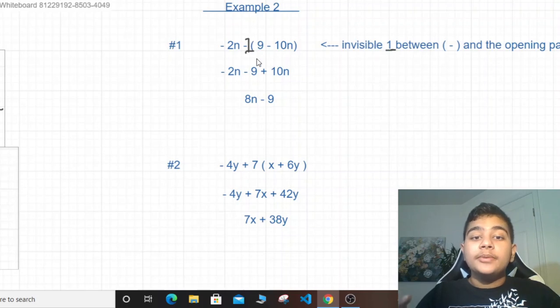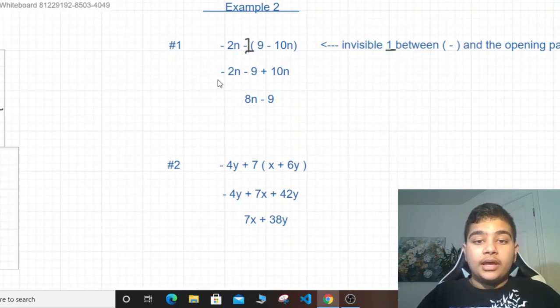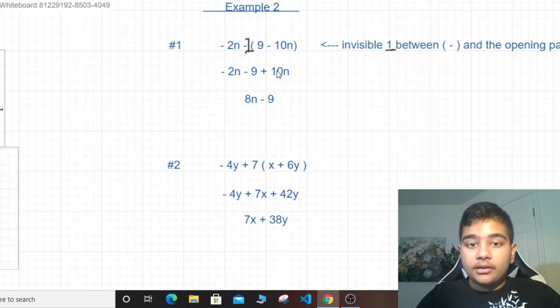So we multiply the invisible negative 1 by the numbers inside and we get what's on our second part. The negative 2n stays the same, but negative 1 multiplied by 9 is a negative 9, and negative 1 multiplied by negative 10n, because the negatives cancel out, we get positive 10n.